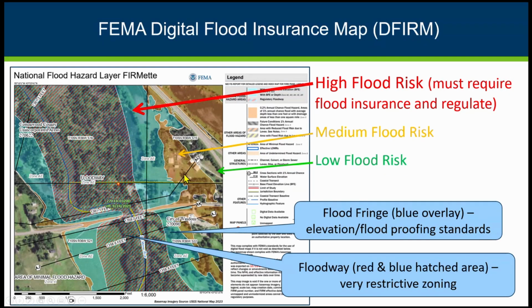Our medium risk area, the shaded zone X, is this brownish orangish color. And the low risk area still doesn't have any shading at all. And again, the floodway area, we're going to have very restrictive regulations. Flood fringe, you're going to go with whatever your underlying zoning is, and we'll have regulations to reduce the risk for anything that is allowed there.